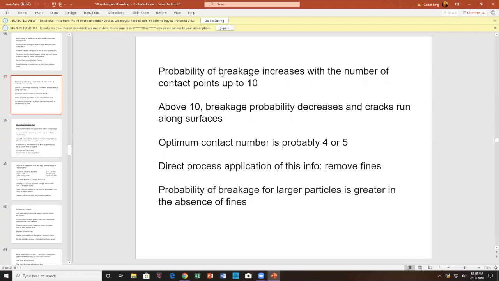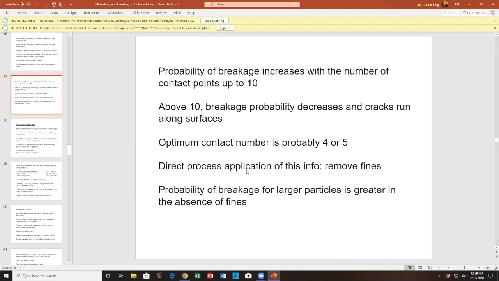We've already said this. The probability of breakage increases up to about 10. Above 10, the breakage probability decreases, and the cracks tend to run along the surface. That's called abrasion. Basically, you're removing the surface. For breakage across the particle, you need probably 4 to 5 contact points.